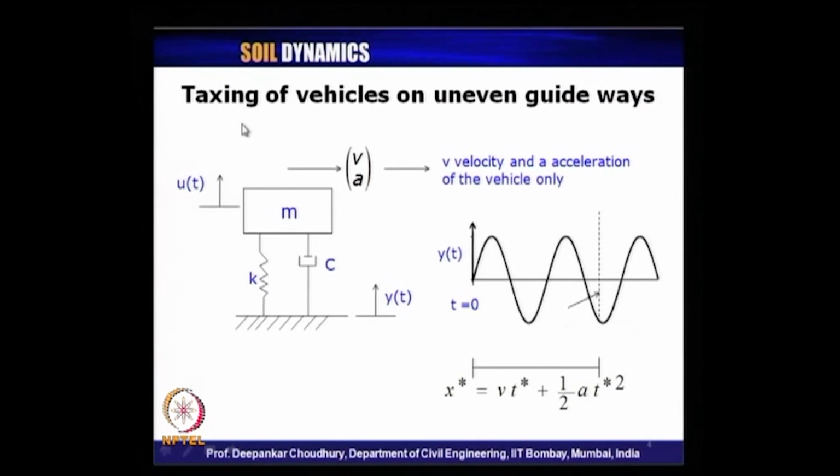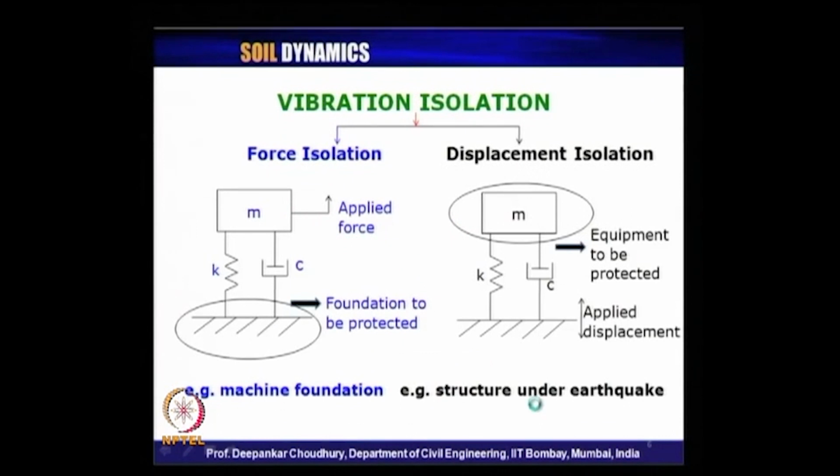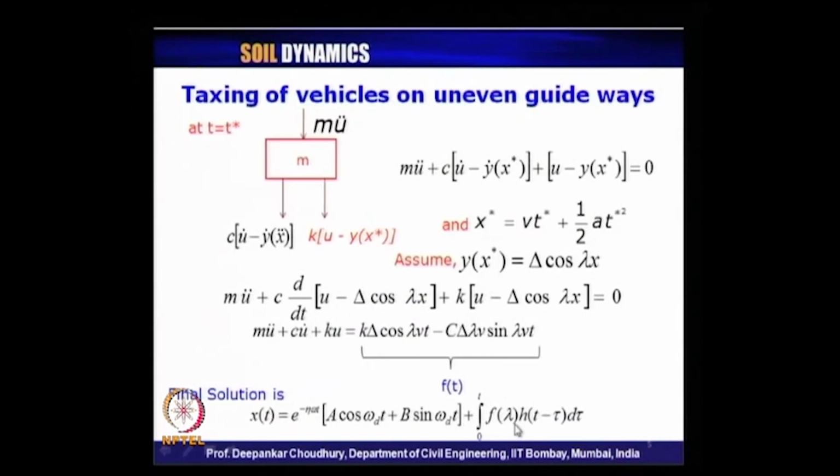Then we have seen the case of dynamic loading due to the taxing of vehicles on uneven guideways, when a vehicle is moving at a constant velocity v and there are undulations on the ground. The distance travelled at a time t we have computed, and then the final solution we have seen in this form, which can be easily obtained depending on the profile of the ground, which we have assumed as a harmonic profile.